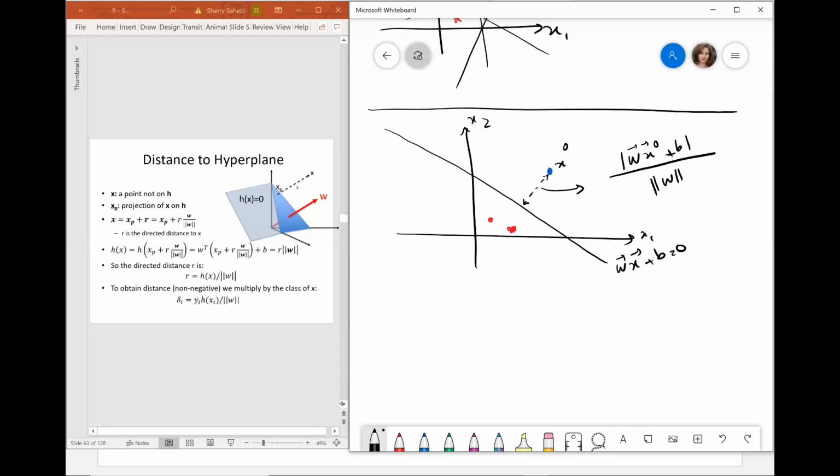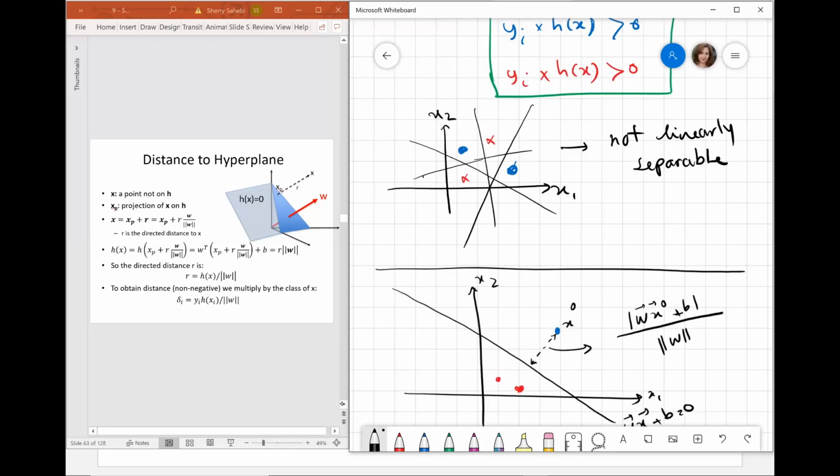But also, we can rewrite this same distance in another way. So we know that w x0 plus b is actually equal to h of x0, right? If this is h of x.